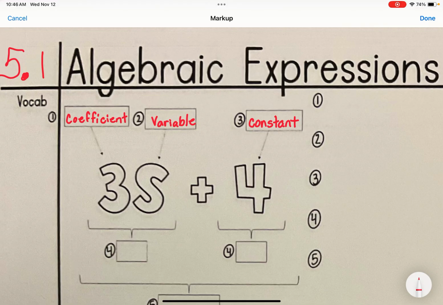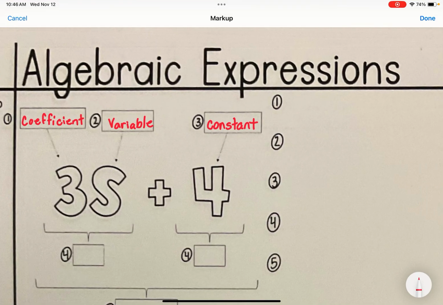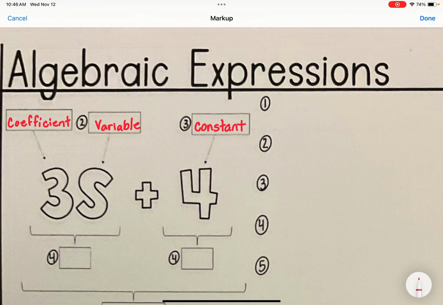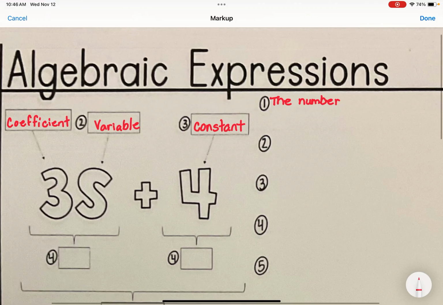So let's talk about those for a minute. The coefficient. So up here where it says number 1, we're going to write what the coefficient is. The coefficient is, and again, we want to write small, the number stuck to a variable.